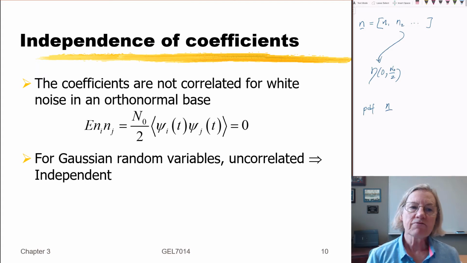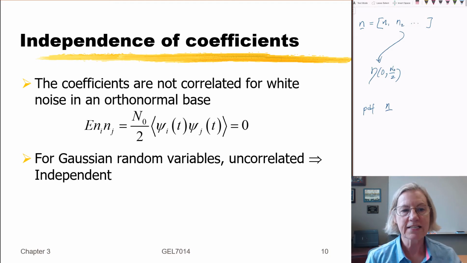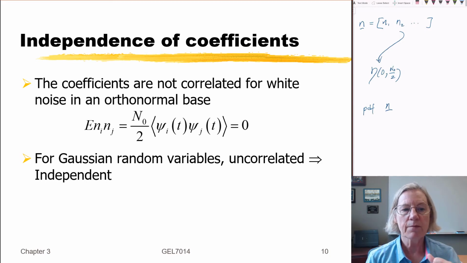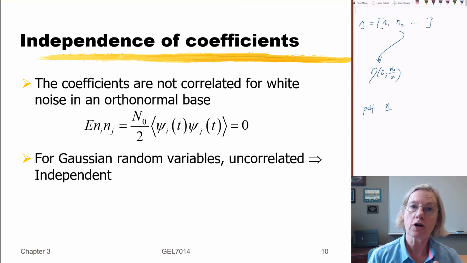Now, since we have Gaussian noise, when we say that the coefficients are not correlated, that means that they are independent. This isn't true for all random variables, but in the family of Gaussian random variables, having established that the variables are uncorrelated gives us the stronger result that they are also independent.